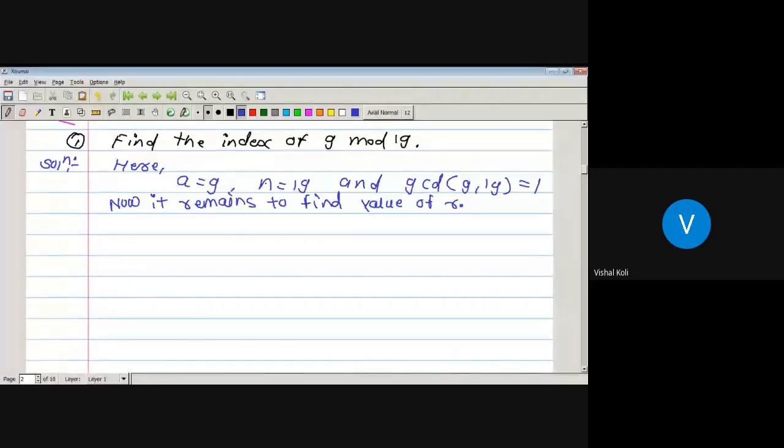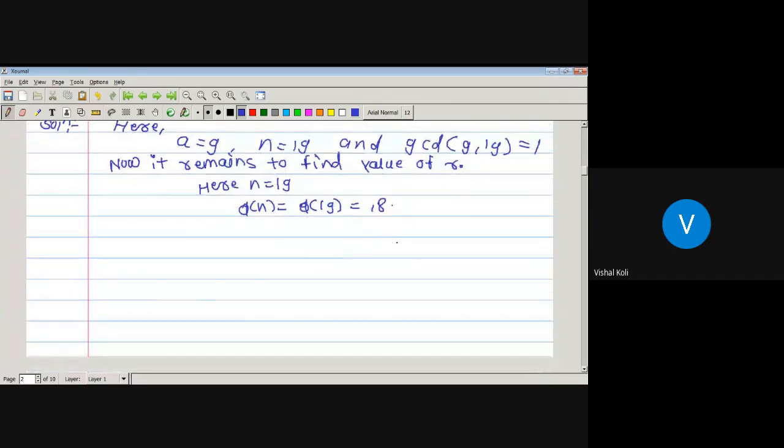The integers less than 19 and relatively prime to 19: as n is 19, and we know that 19 is a prime, phi of 19 is 19 minus 1, which is 18. Therefore all the integers less than 19 are relatively prime to 19. The first integer is 1, but 1 is congruent to 1 modulo 19, so 1 is not a primitive root. Now let us check for the integer 2.